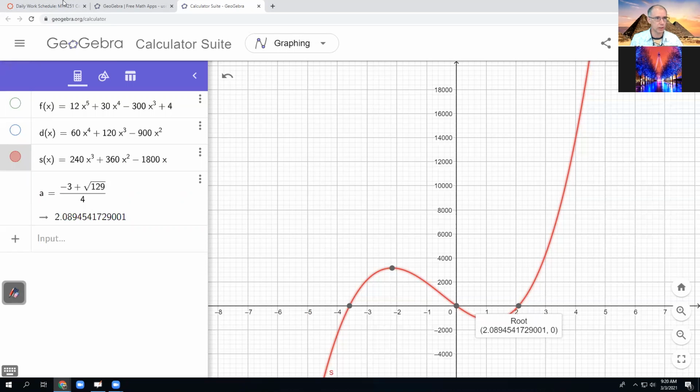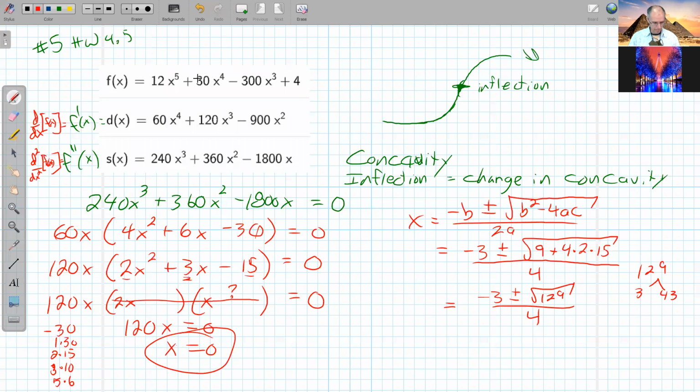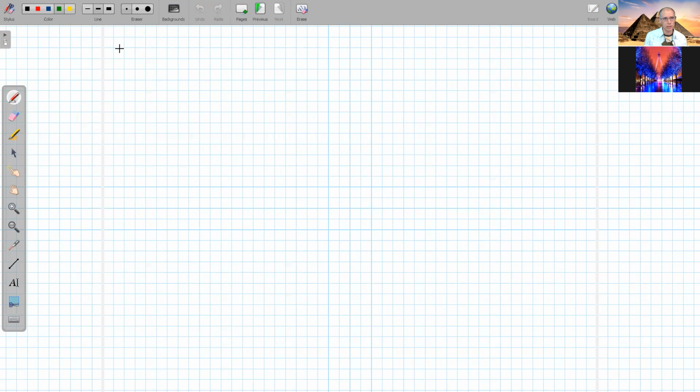Now we really have to double check. So here's how we're going to double check besides just looking at the graph, because you're going to have to show me some work on the test. So here is the work to double check that. New page, original function f of x equals 12x to the 5th plus 30x to the 4th minus 300x cubed plus 4.